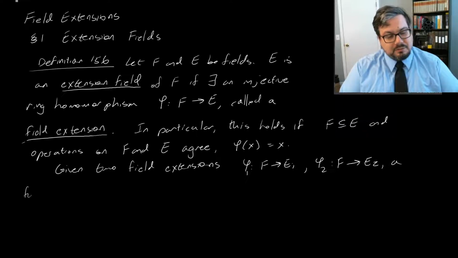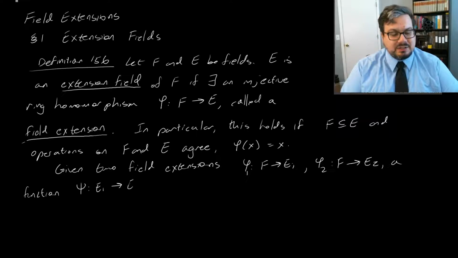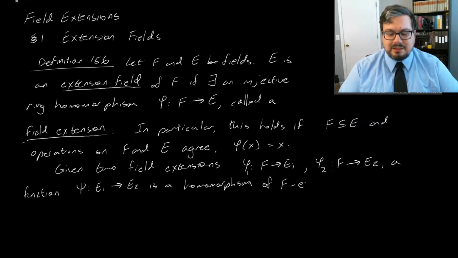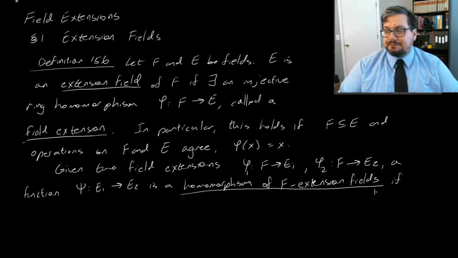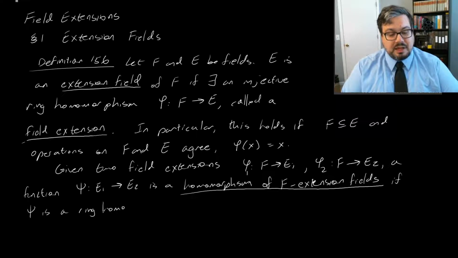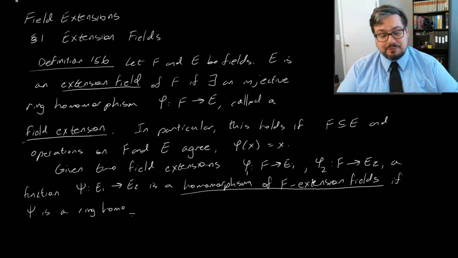A function psi going from E1 to E2 is a homomorphism of F extension fields if, first of all, psi has to be a ring homomorphism because E1 and E2 are both rings, they're both fields.